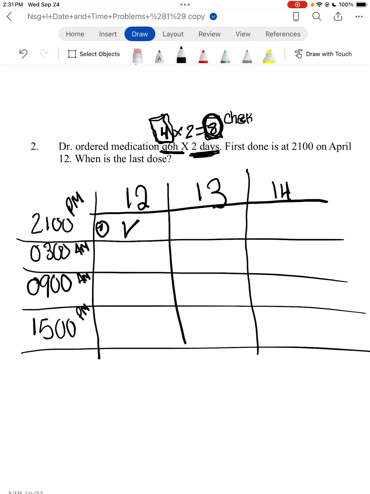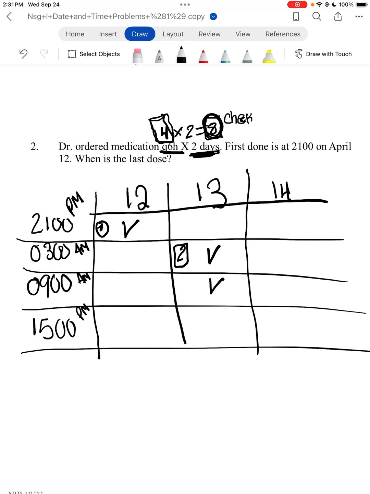So we are basically done with April 12, because 2100 was the last of that day, and 0300 now is in the AM, meaning we will be moving to the next day. So the next day, that will be the second one.